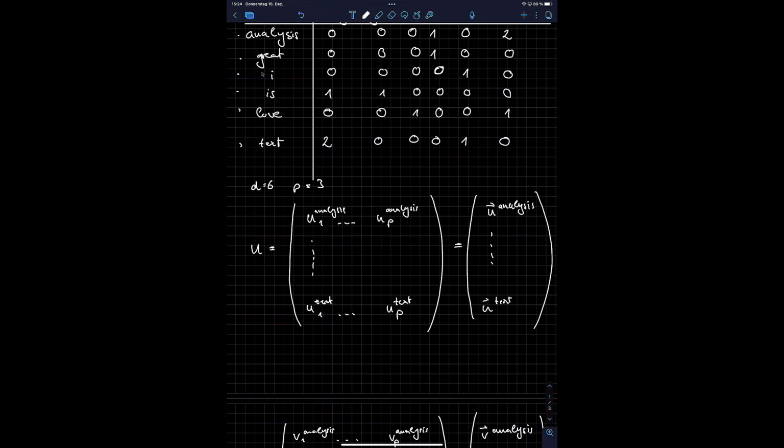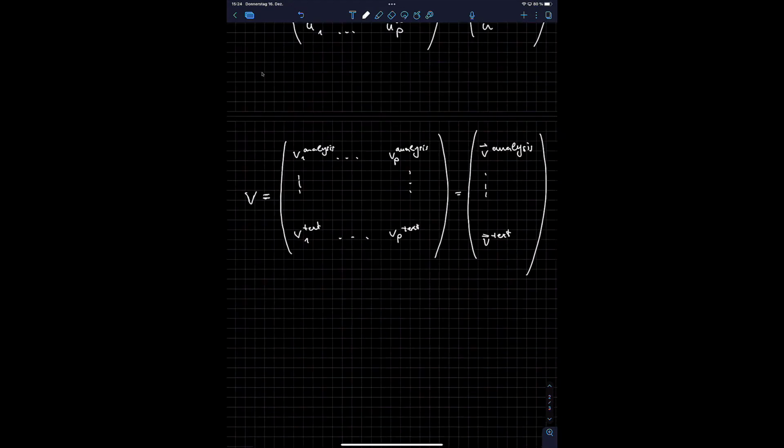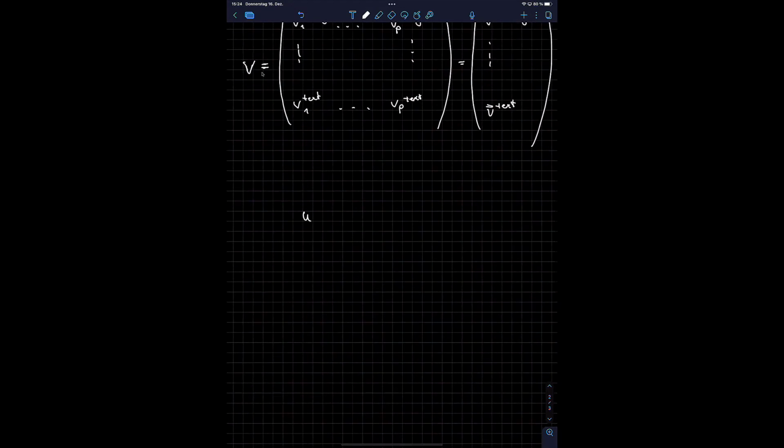So we would have for analysis, for instance, a vector which is called U, and it would look something like this, okay? I just write A for analysis, sorry, to make it shorter here. And those are like 3 numbers that would be in the beginning randomly initialized. So meaning in the beginning we just start with some numbers here.